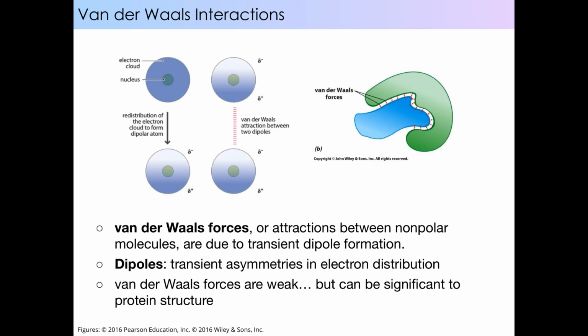Besides ionic bonds, which are based on interactions between oppositely charged ions, other interactions exist that are also based on charge but occur in molecules that are not actually charged, and these are known as van der Waals forces. Even a molecule that does not have an overall charge can have a transient or temporary uneven distribution of electrons, and that's known as a dipole.